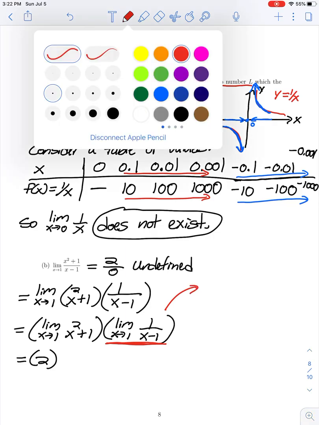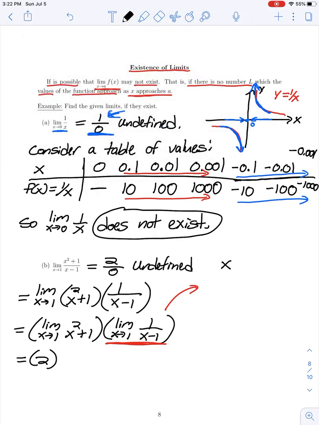So if we consider a table of values for that function, let's say x and 1 over x minus 1. Well, as we get close to 1, let's say if we're taking 1.1, then the value of our function is the same as 1 over 1/10, or 10. If we move a little closer to 1, let's say 1.01, the value of our function is 100. Or 1.001 gives us a value of 1,000.